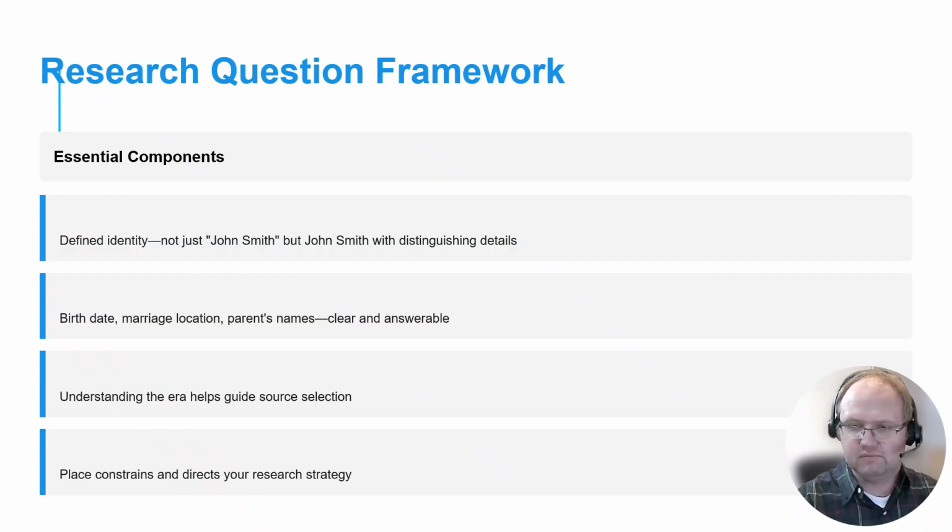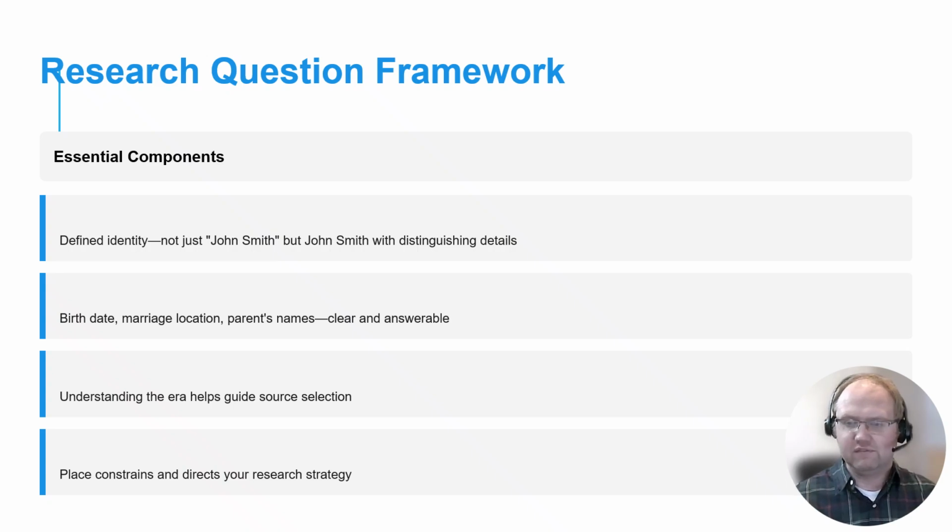Time period tells you what sources to seek. And there are resources out there, like the FamilySearch Wiki and other resource guides that have been put together by various societies and individuals and organizations that can help you figure out what exists, when records start, and strategy.